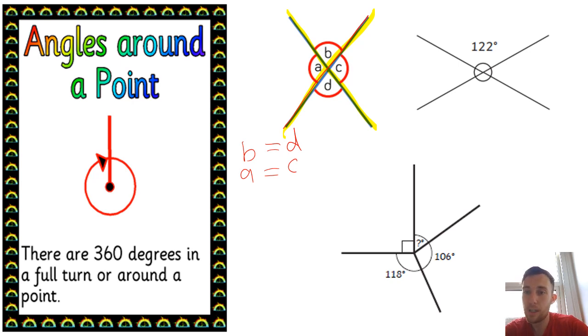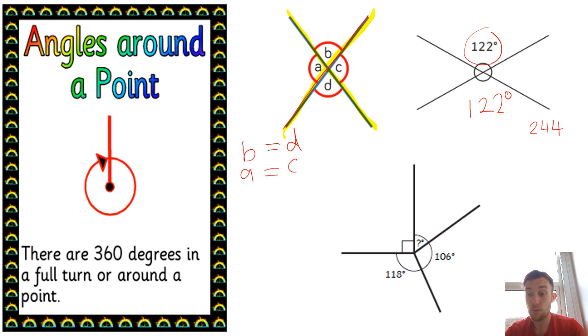Okay, so now looking at the question to the right, I can see that up here is 122 degrees. So therefore, the bottom must also be 122 degrees. So that means we've got 2 missing parts, but we know they're going to be the same. So the first thing we're going to need to do is 122 add 122 is 244.